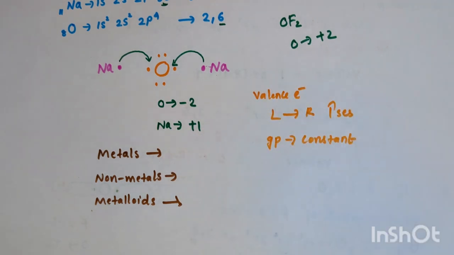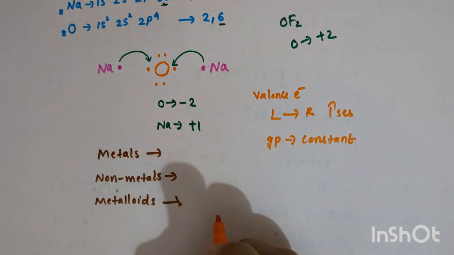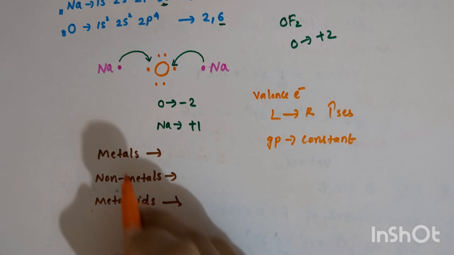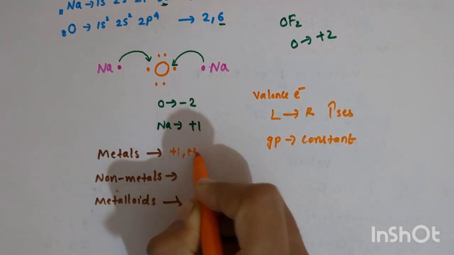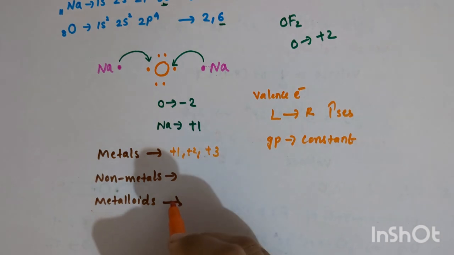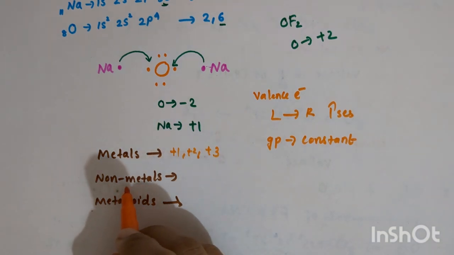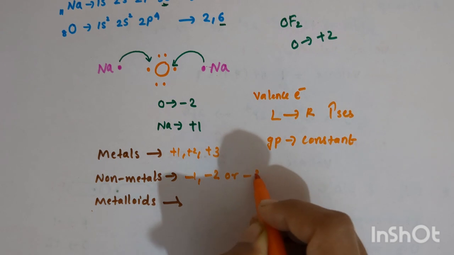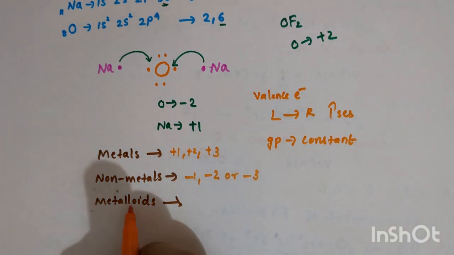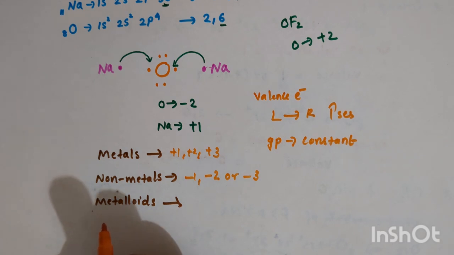Oxidation states show periodic variations, with metals typically exhibiting +1, +2 or +3 oxidation states, non-metals typically exhibiting -1, -2 or -3 oxidation states, and metalloids exhibiting variable oxidation states.